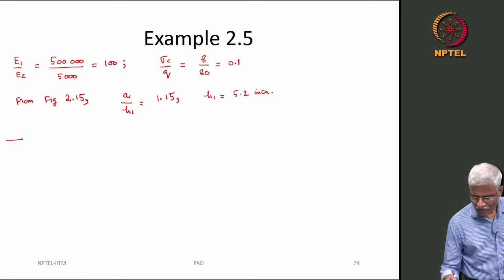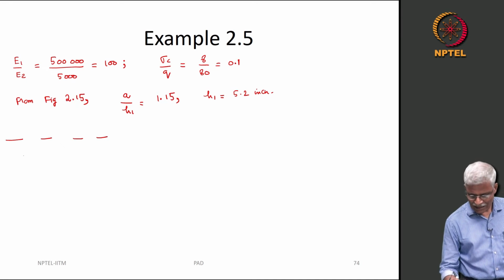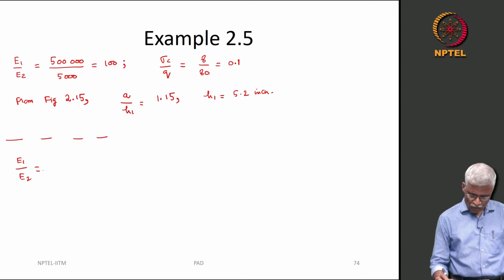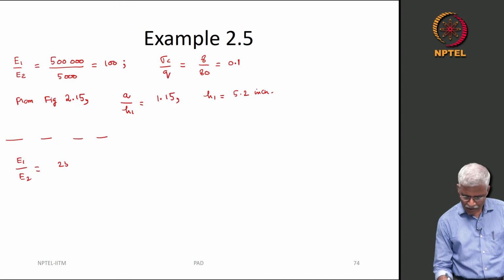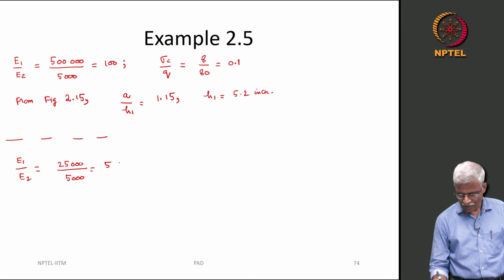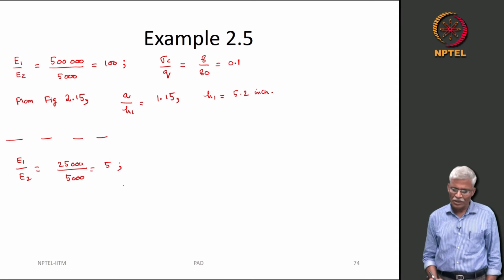Now, let us solve for the next case, wherein E1 by E2 is equal to 25,000 divided by 5,000, and this is 5. The rest of the things are the same.